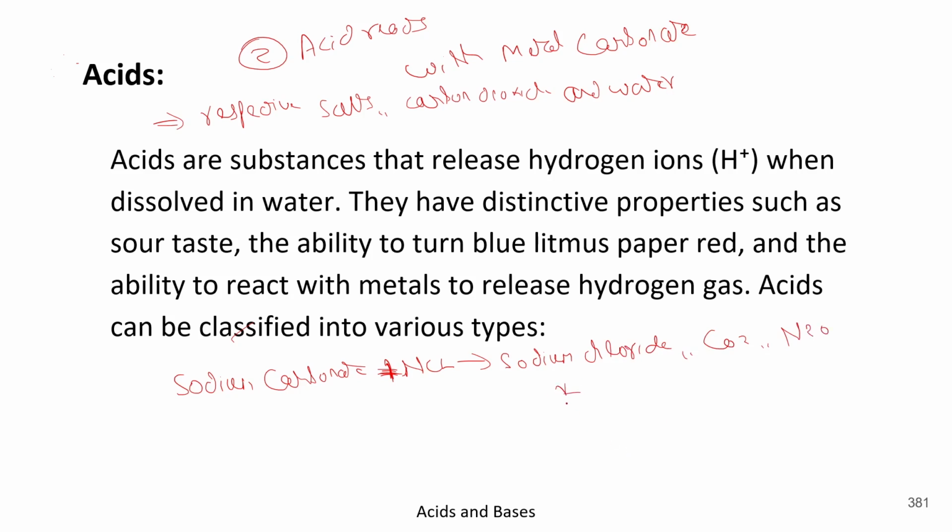Sodium chloride is a salt, CO2 is carbon dioxide, and H2O is water. Got it? So if acid reacts with a metal carbonate, these will be the products: respective salt, carbon dioxide, and water.